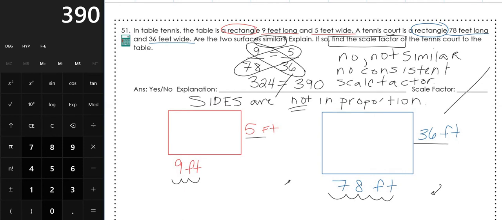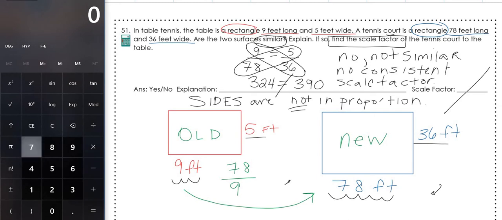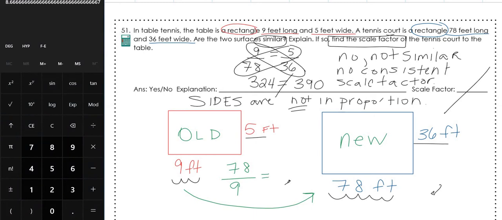In fact, if you found the scale factor for the lengths, it would be different than the scale factor for the widths. So just to show you and further explain, if I considered this the new and this the old, because I want to turn the table into the tennis court, I would be doing 78, which is my new, over 9, which is the old, to find the scale factor. 78 divided by 9, a quick and dirty way of doing it, is about 8.6 repeating.